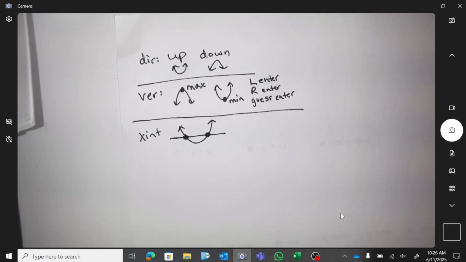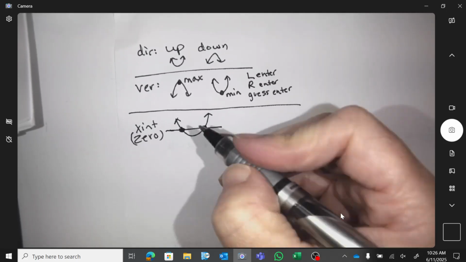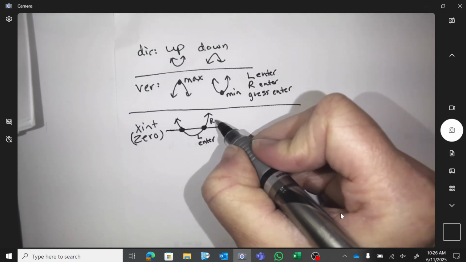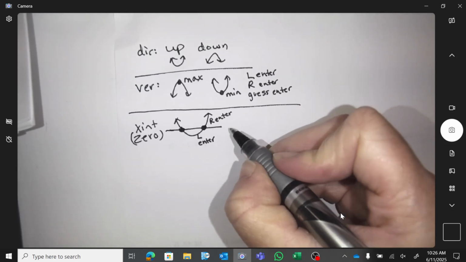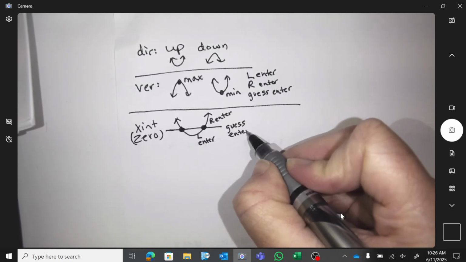So what's the button that we're doing for x-intercepts again? It's a 0, left enter, right enter, guess enter.